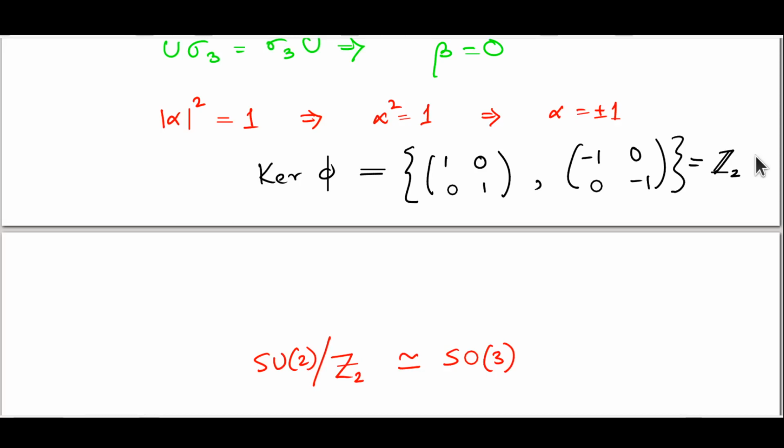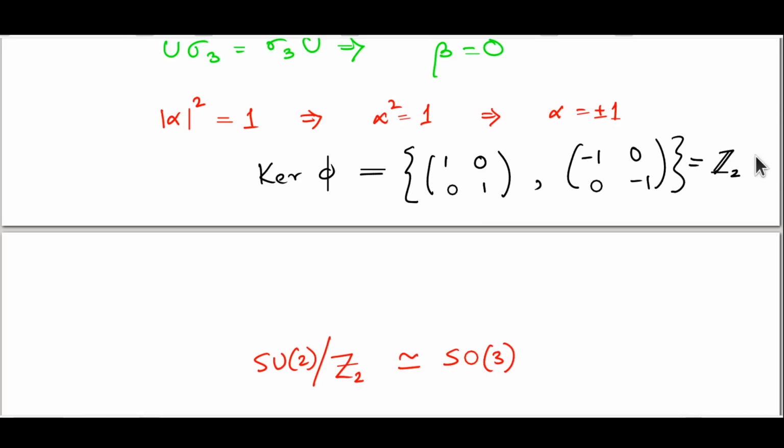Put in other words, it's really not a one-to-one correspondence between the group SU2 and the group SO3. The particular rotation which corresponds to a particular u can be achieved not only with that u but also with minus u. And that is exactly what the kernel being identity and minus identity together is telling me.